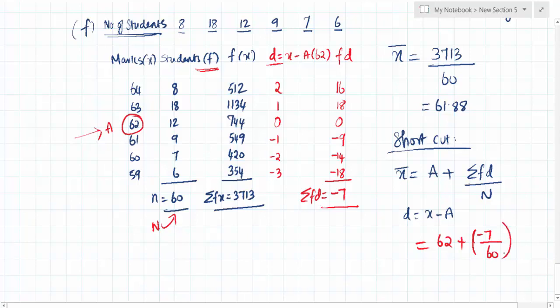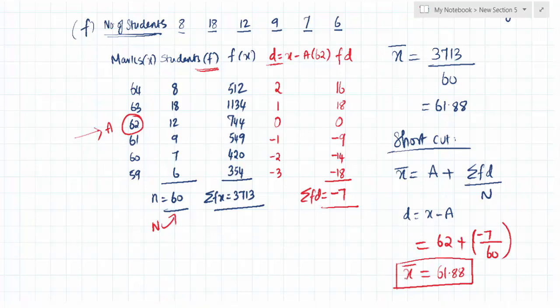So 62 plus minus 7 divided by 60. You are going to get some negative number in decimals, and that should be subtracted from 62, and you get the value as 61.88. So this is the value of the mean using the shortcut method, and you can cross check.